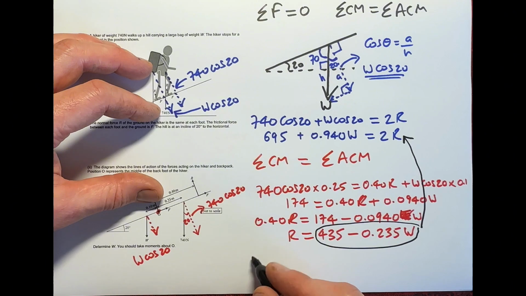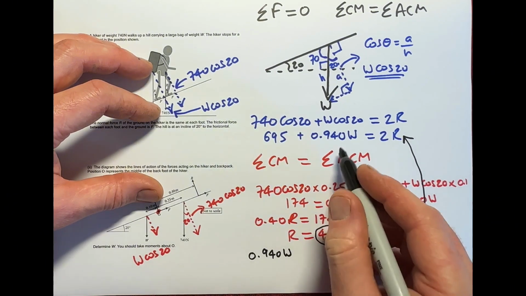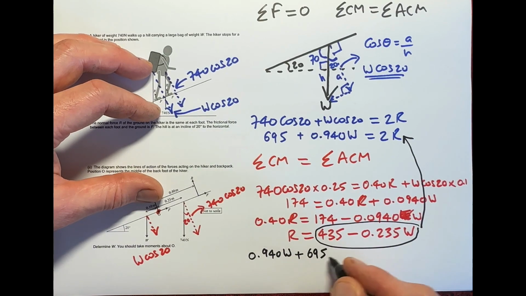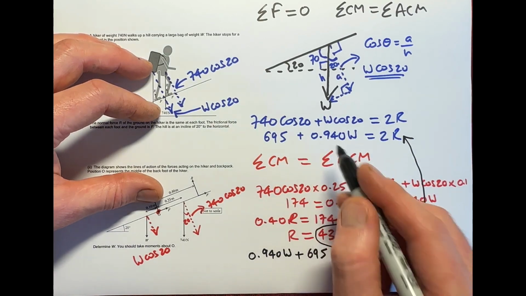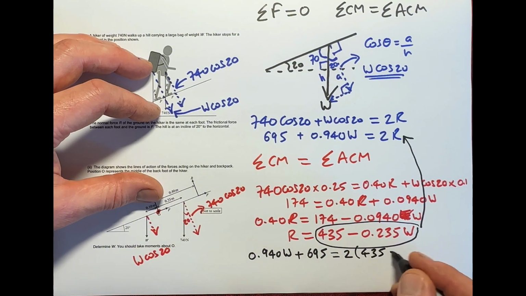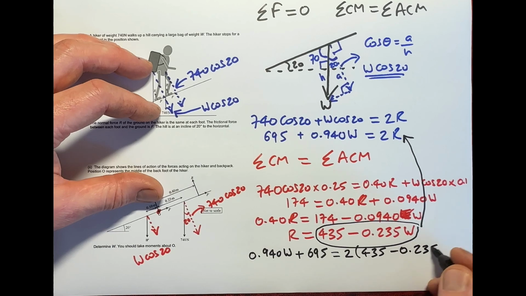Okay, so 0.940 W plus 695, so I've just swapped those two around, is equal to 2 times 435 minus 0.235 W. Okay, so that's what we've got.